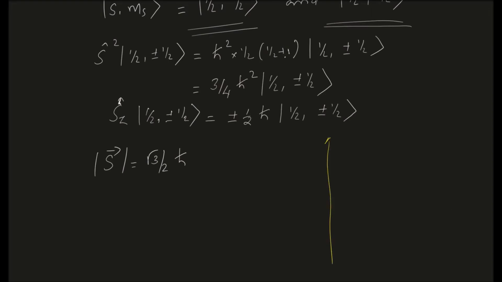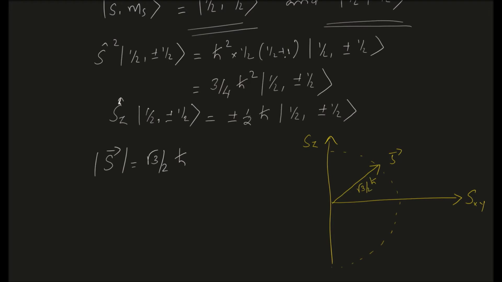If you take this as the arbitrary z direction, and let's take this as our x and y components, then the spin for a spin half particle can be represented by a vector like this, and its magnitude is given by root 3 by 2 h cross.